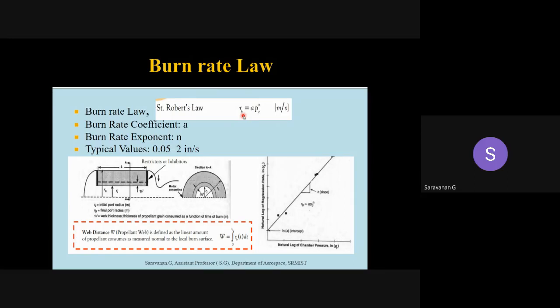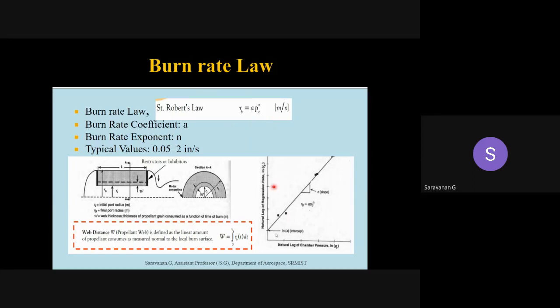So r can be found if you know the value of a and the index n for the reaction. You can identify the r value, or the Pc, vice versa. This is the major law, known as Saint Robert's burn law.